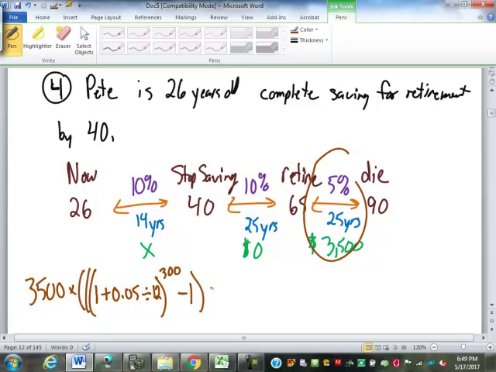Close and then divide. Open and then, this is just liquidation phase of an annuity. So 0.05 divided by 12 times another one.